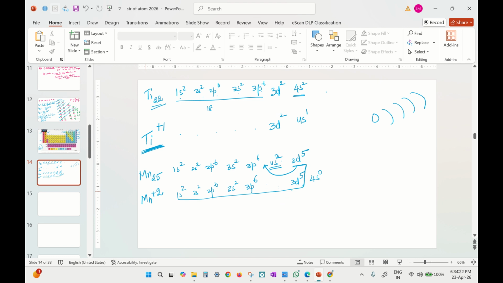If you have missed the 4s0, technically you are right only. But you are highlighting the fact that, yes, ma'am, I removed it from the 4s. Got it? Nothing wrong. Even if you stop by saying 3d5 and don't quote 4s, it's all right, as long as it conveys the message. Fine.